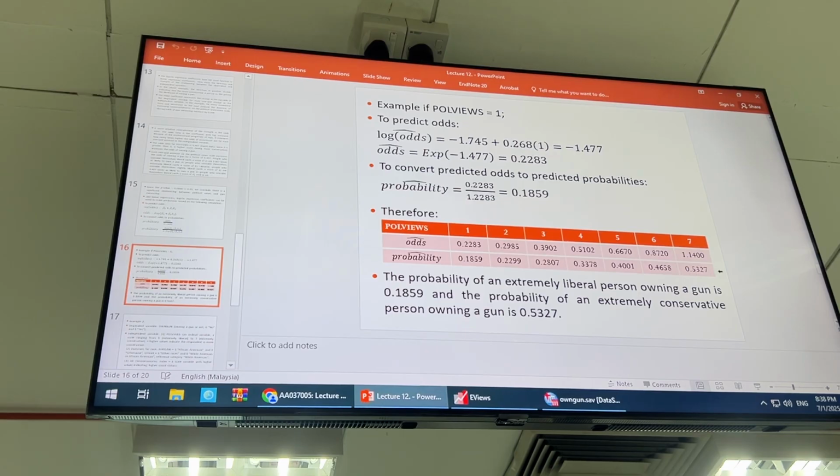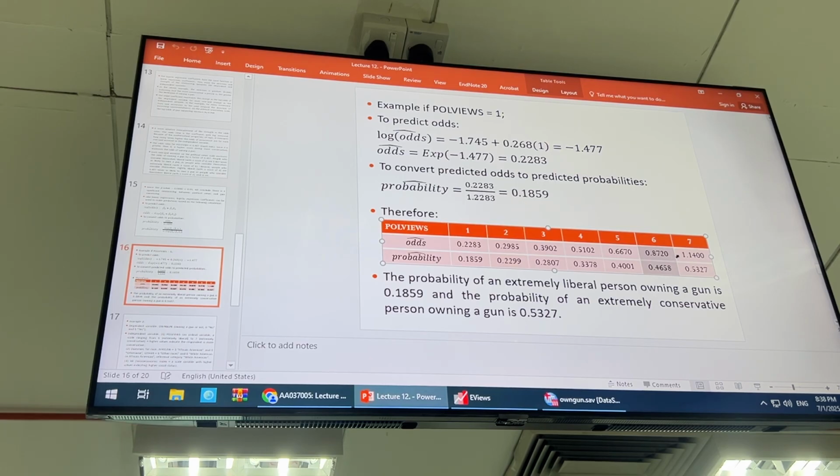You see that up to level 6, the odds ratio is less than 1, meaning that they are less likely to own a gun. In terms of probability, it is also less than 0.5. So those considered extremely liberal up to slightly conservative are less likely to own a gun.